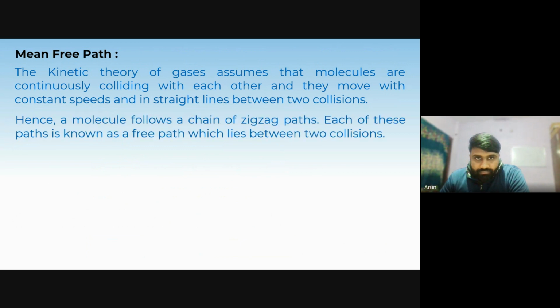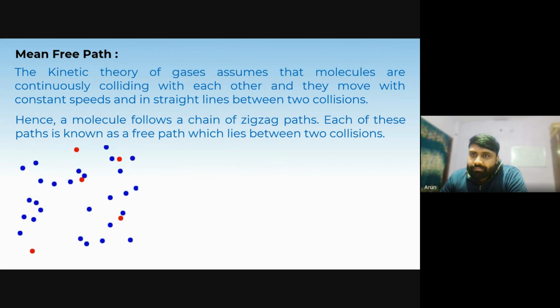Now, the molecule follows a chain of zigzag path. Zigzag path is like this. Each of these paths is known as a free path, which lies between two collisions. I have already told you the path between any two successive collisions, the average path is termed as the mean free path.